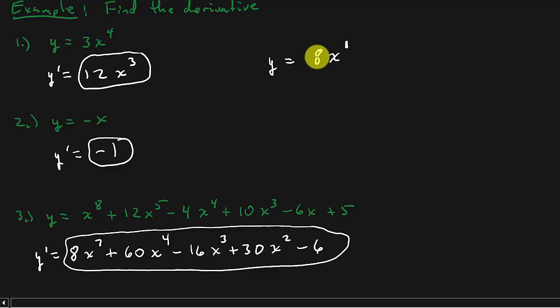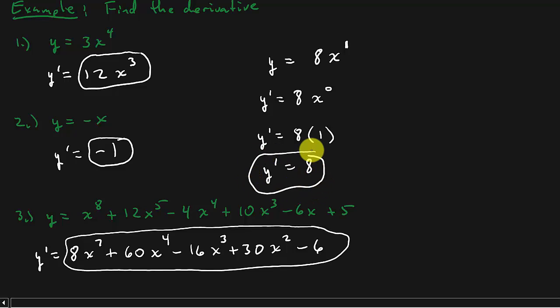So the 1 comes down. 1 times 8 is 8. Subtract 1 from the exponent, so that's x to the 0. Remember, anything raised to the 0 power is 1. So y prime is 8.